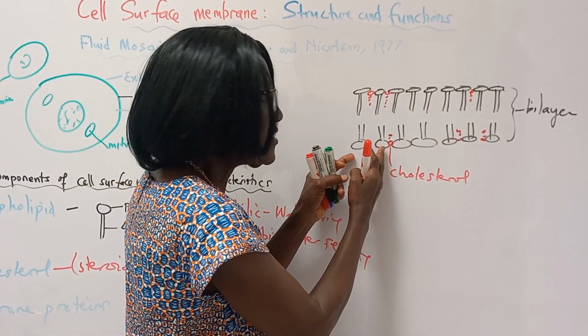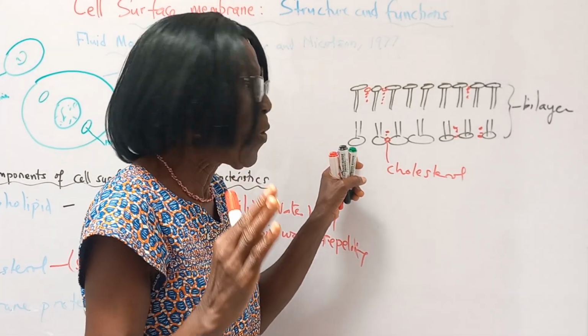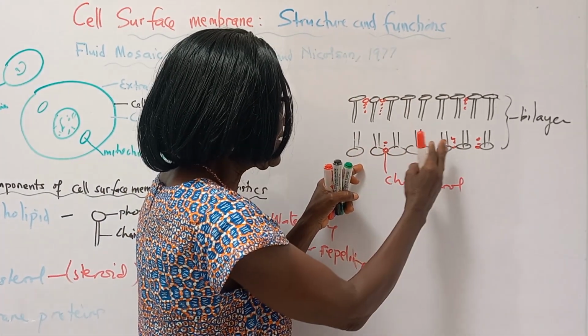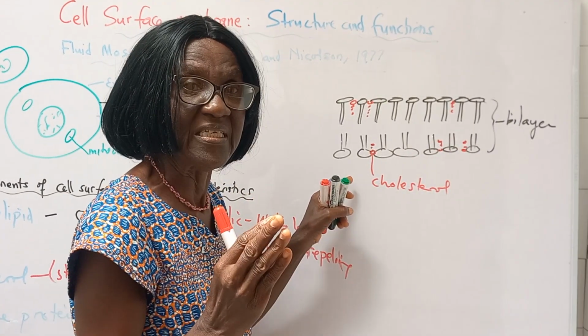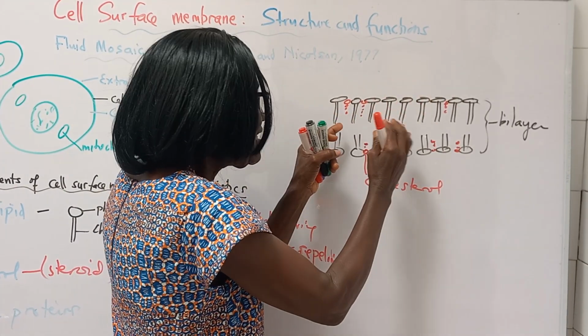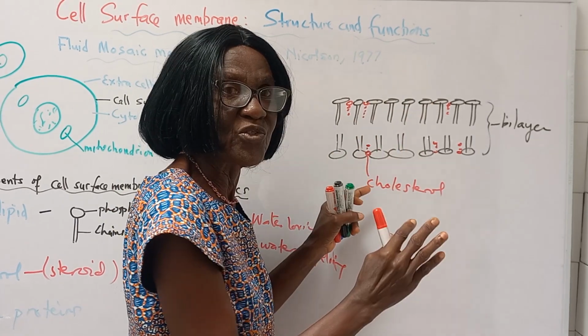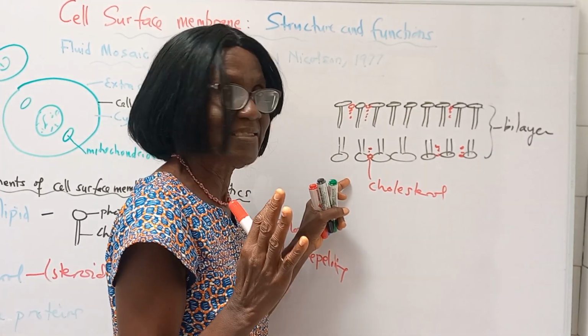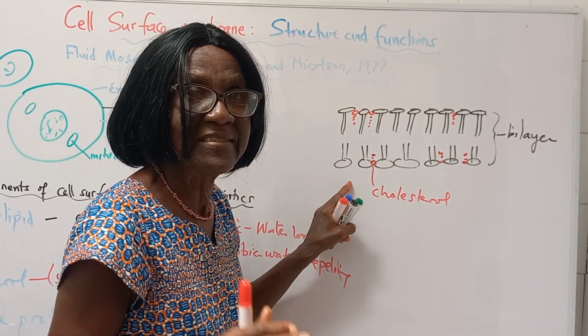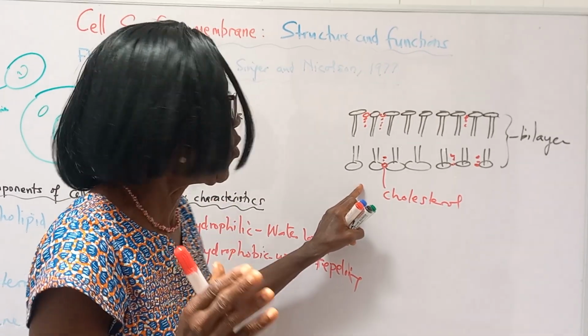And when the temperature is low and freezing, the cholesterol prevents the membrane from freezing. So the cholesterol maintains the permeability of the membrane and keeps the temperature constant, preventing the cell membrane from freezing, which is very important to organisms that live in very cold areas.